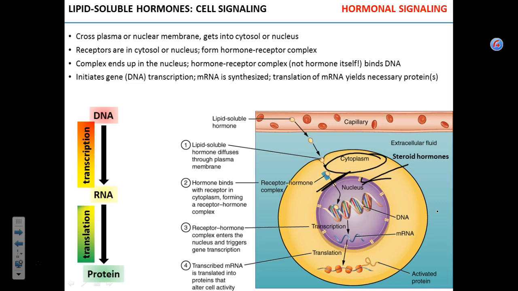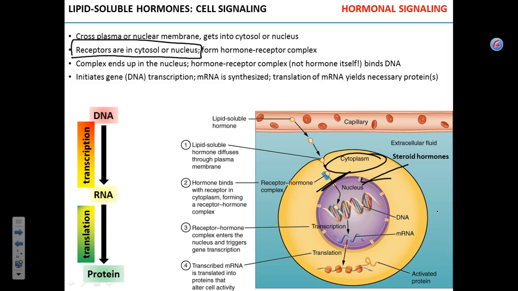Now, I try to focus very much on the concept rather than the details. So I want you to understand that for lipid-soluble hormones, the receptor is inside of the cell. It can be cytoplasm, it can be nucleus.